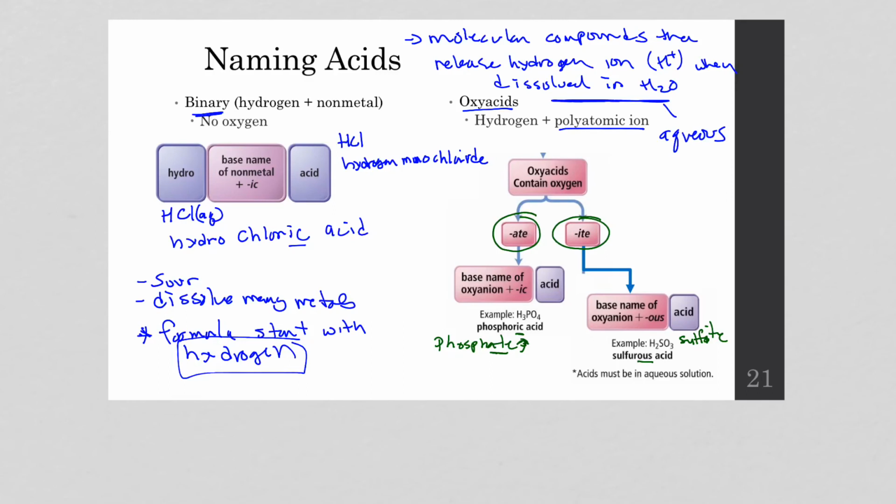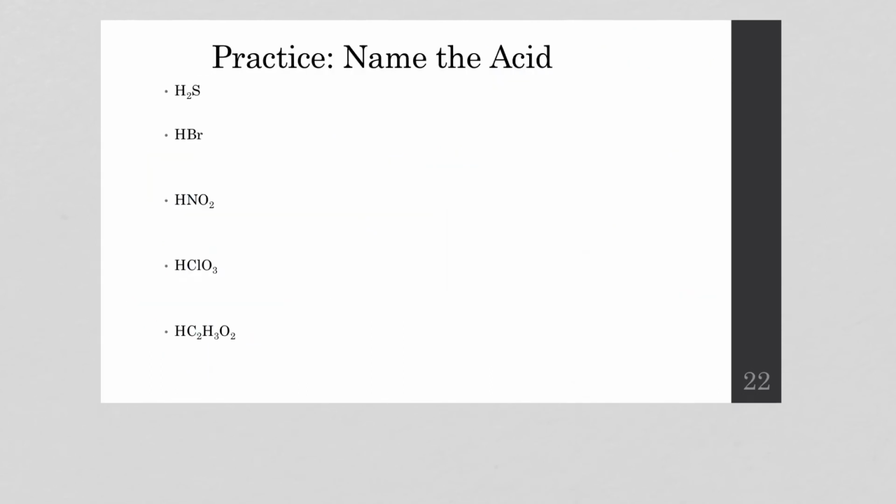So let's do some more examples. Here we're going to name some different kinds of acids. The first thing that we need to figure out when we come up with an acid is: is it binary, or is it oxy? The easiest way to tell that is, does it have oxygen? No, so this is clearly a binary acid.